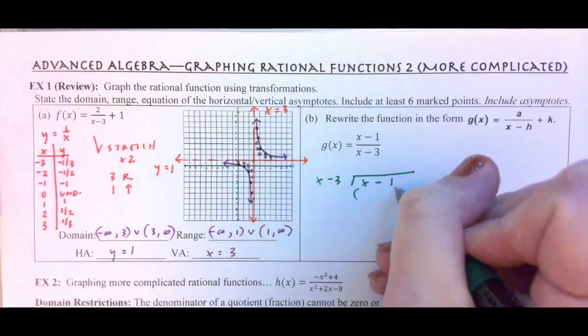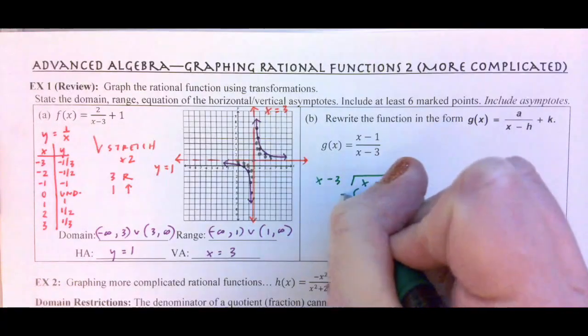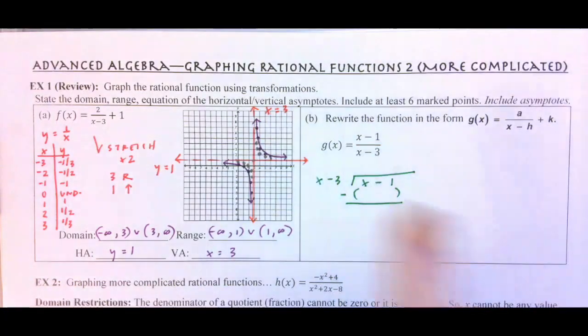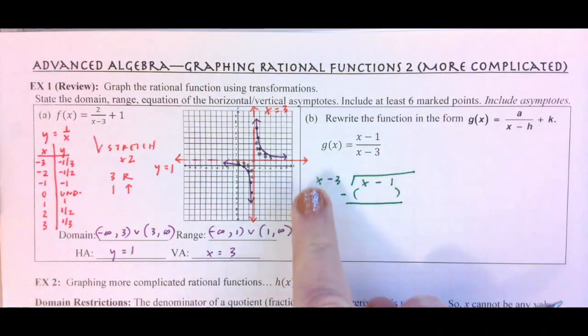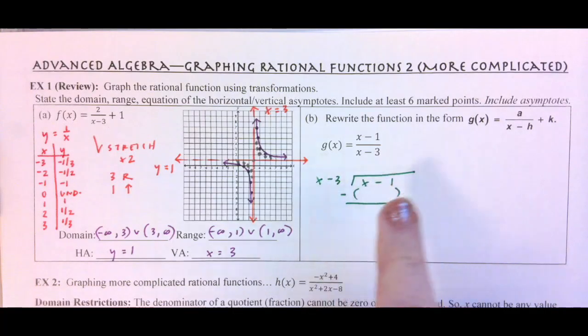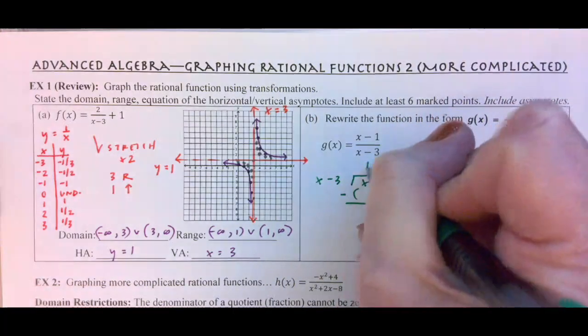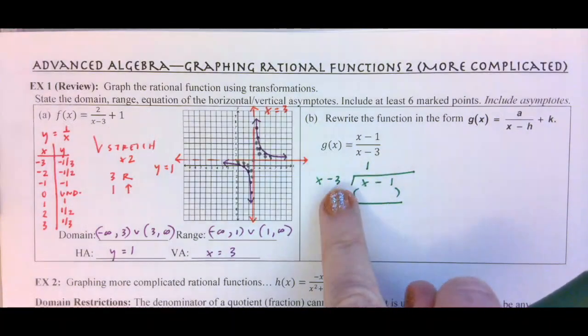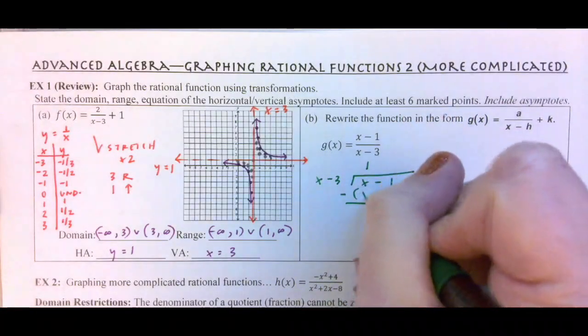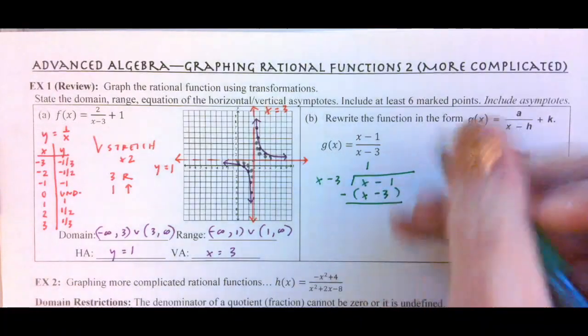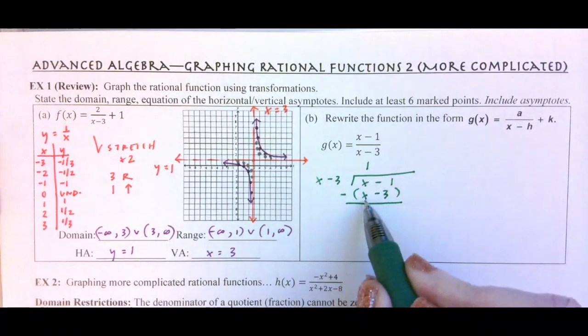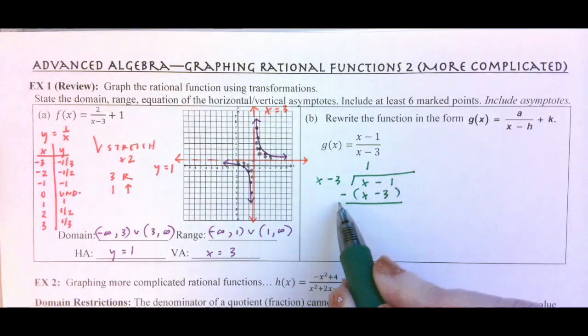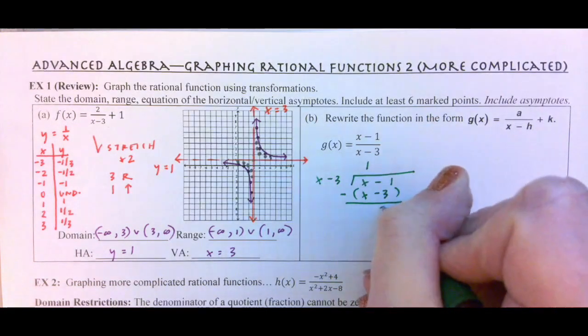I like to build my structure, so parentheses, there's my subtraction, and then I'm thinking, well, x times what is x? Well, just 1. Multiply the 1 back over the x and the minus 3, so I have x minus 3. So now x minus x is 0. -1 minus a -3, right? That's like plus 3 is just 2.